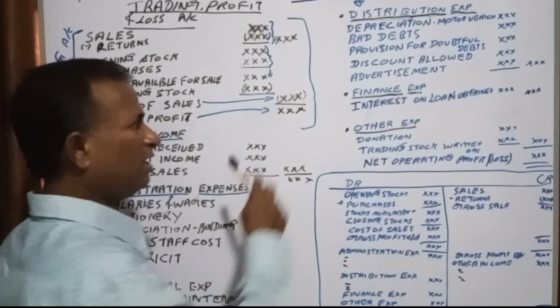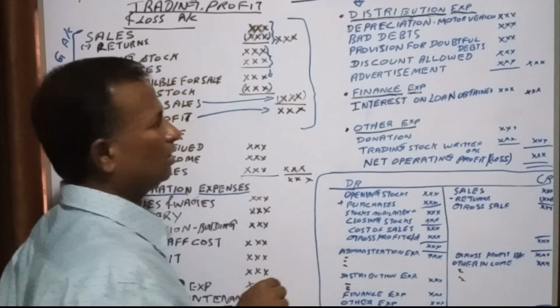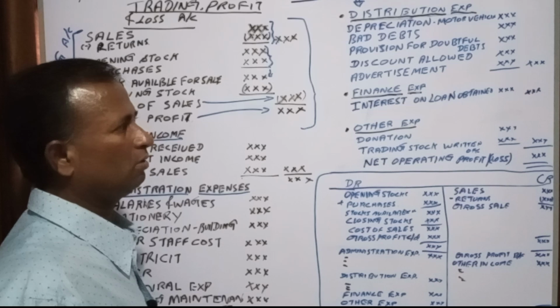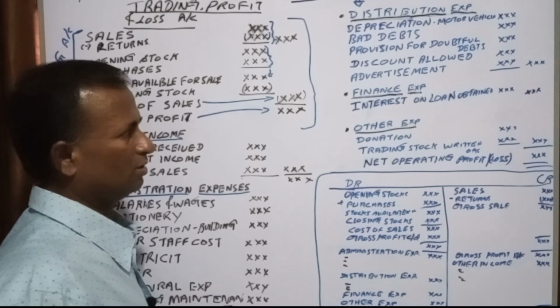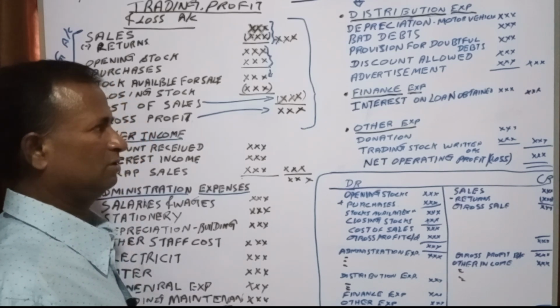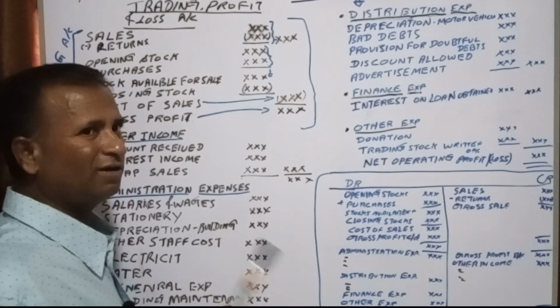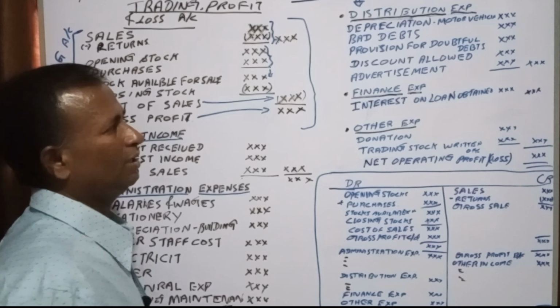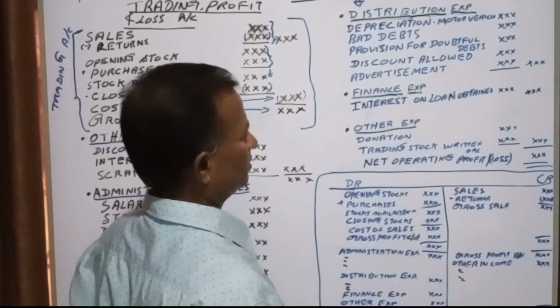Next one is finance expenses. Any interest or any charges paid on a loan received for the business operation is shown under the finance expenses.